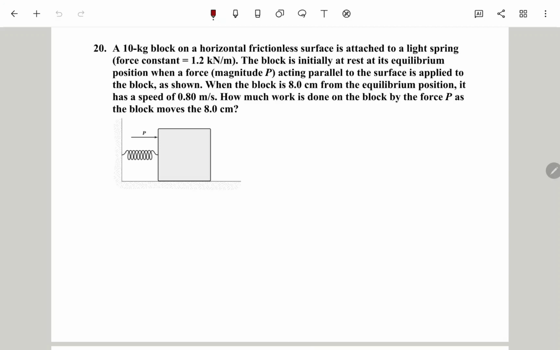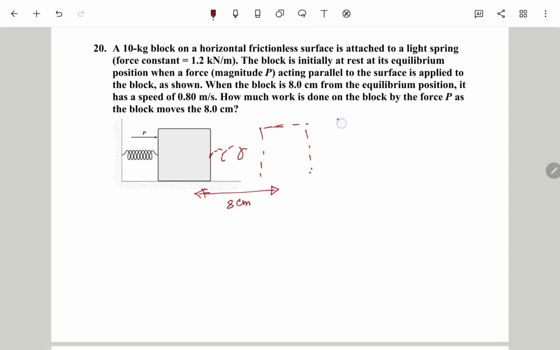Now this block here, because of the force P, will move this way, will be somewhere in here, and the distance from the initial position is 8 centimeters in this case.